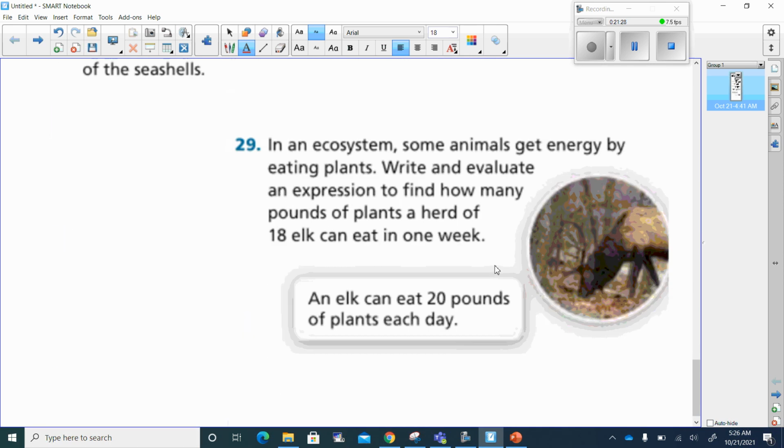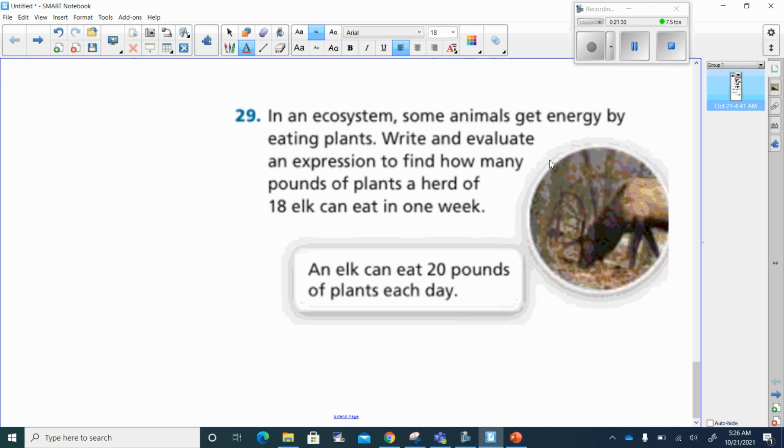All right, and number 29. In an ecosystem, some animals get energy by eating plants. Write and evaluate an expression to find how many pounds of plants a herd of 10 elk can eat in 1 week. Wow. Okay. It says an elk can eat 20 pounds of plants each day. So we're wanting to know how many pounds of plants a herd of 10 elk can eat in 1 week.